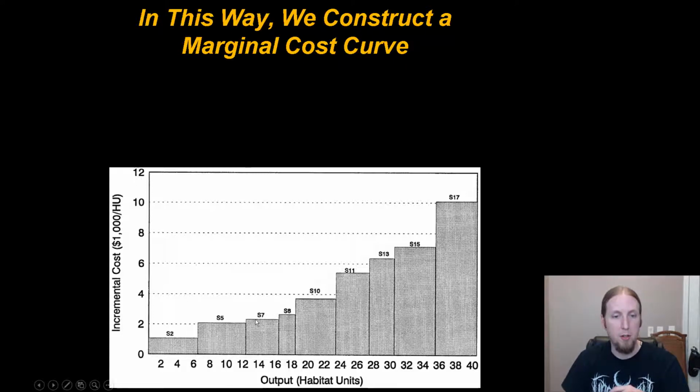So if we look at strategy 5 and refer back to what we had seen before, we knew that strategy 5 goes to 12 habitat units, 6 more than strategy 2, and its incremental average cost was $2,000 per habitat unit for those additional 6 that we could achieve.